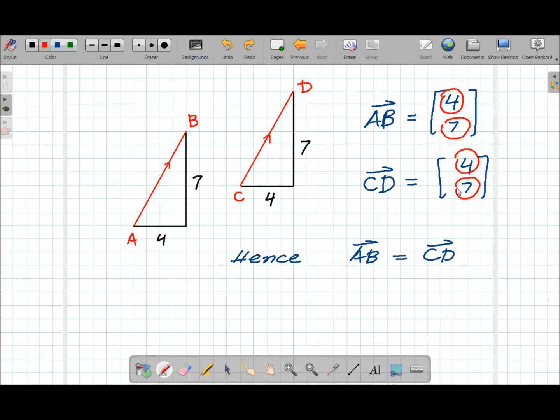When the corresponding components of two vectors are equal, the vectors are equal. When the magnitudes of two vectors are equal, then the vectors are equal. And the second thing is that they must have the same direction. So there is no change in direction.